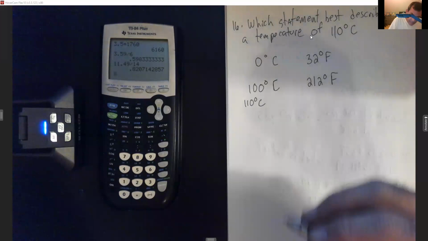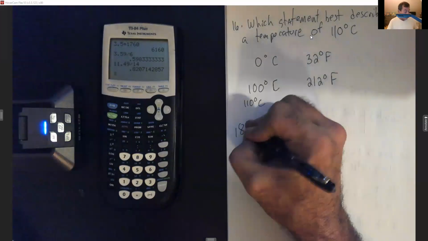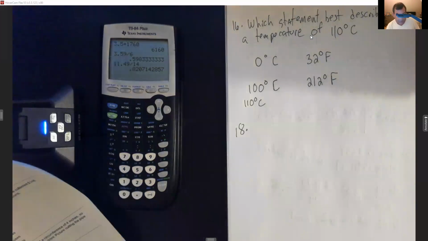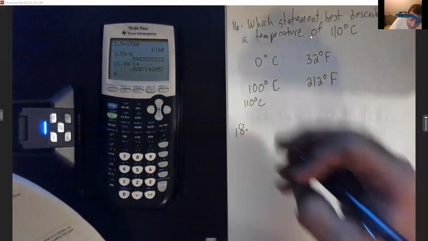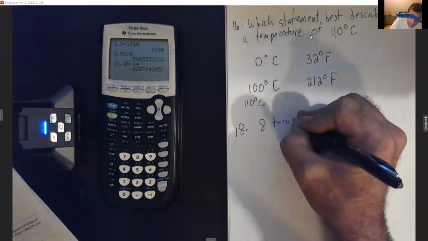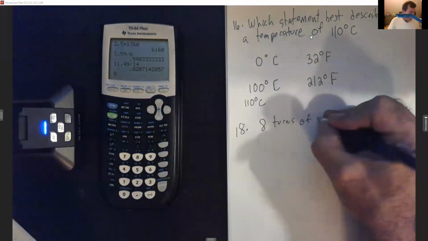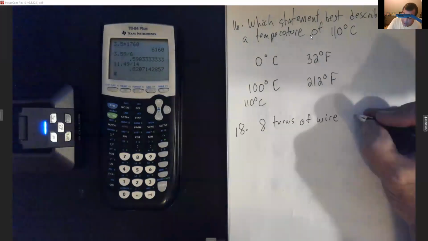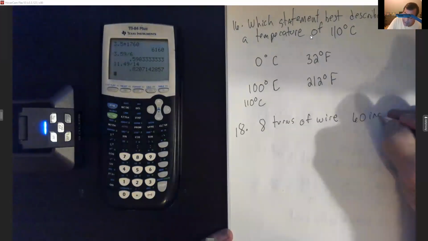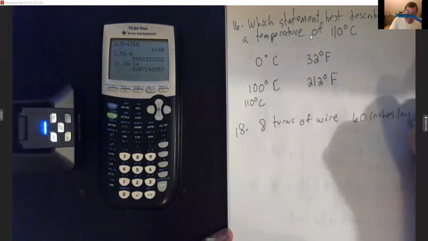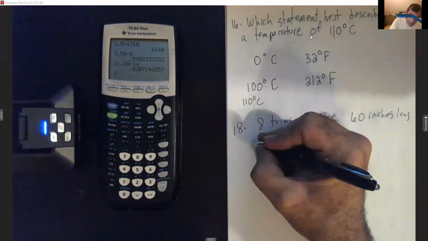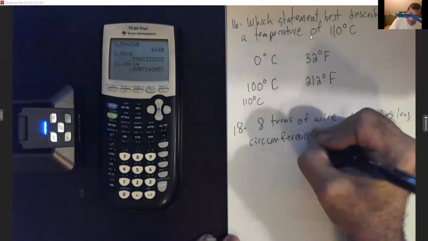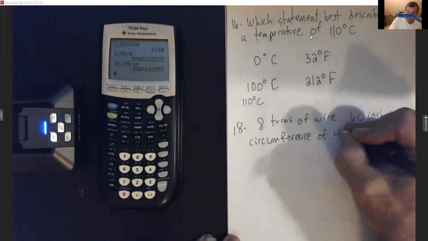All right, so I'm going to skip and do 18 because 18 is a tricky one. They're telling me, suppose 8 turns of wire wrap around a pipe with a length of 60 inches and a circumference of 4 centimeters.